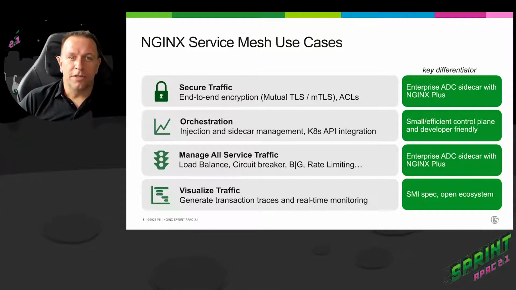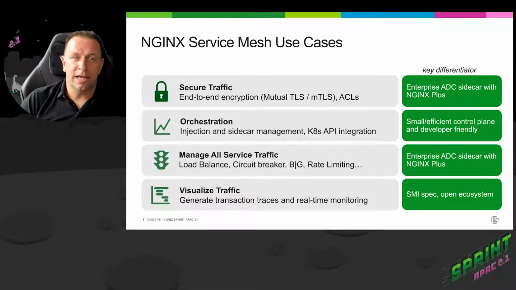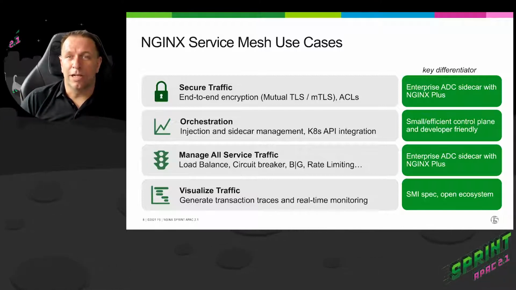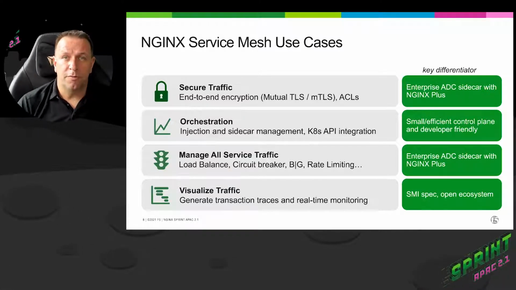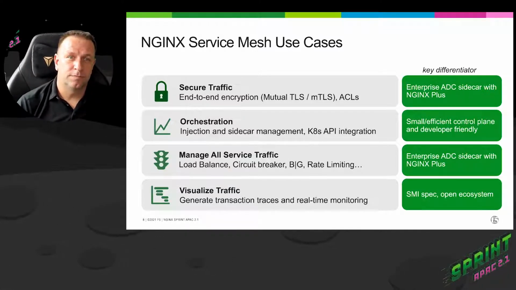And then you can also visualize your traffic with Prometheus and Grafana, and it uses the SMI spec for portability. So it's easier to actually replace existing service meshes with NGINX Service Mesh. And it's also completely open. So if you want to use your own visualization tools to understand what's happening within the Kubernetes ecosystems, you can use your own observability tools for that as well.